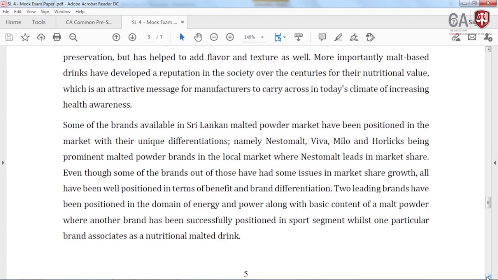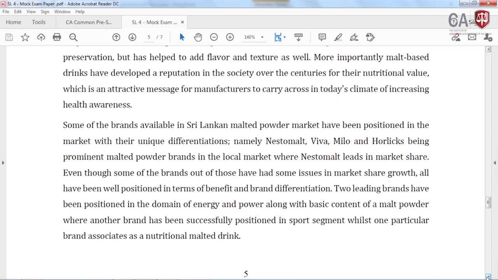Here people look more at the unique attributes of the products. So, if you look at how the existing players have positioned themselves, they have positioned based on the unique characteristics of the products.